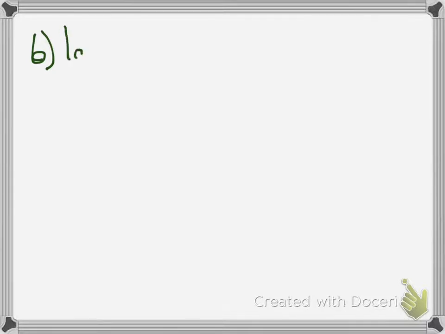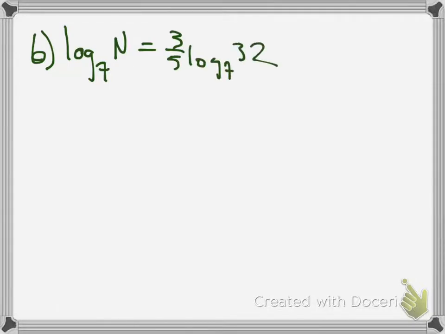Okay, so on number 6, log base 7 of n is equal to 3/5 log base 7 of 32. Now I want to move that inside, so I need this 3/5 inside. So I'm going to move it in using the power property, kind of in reverse.